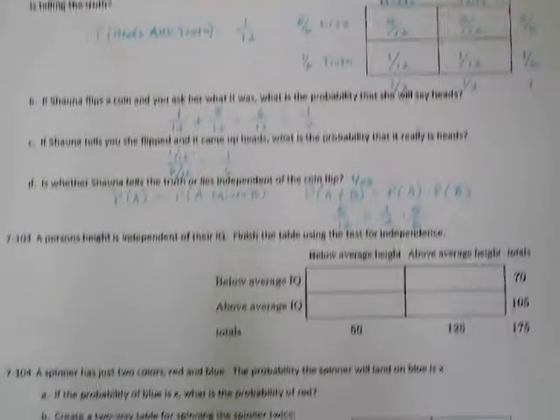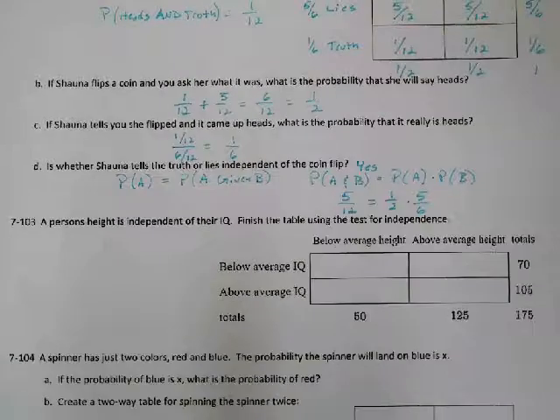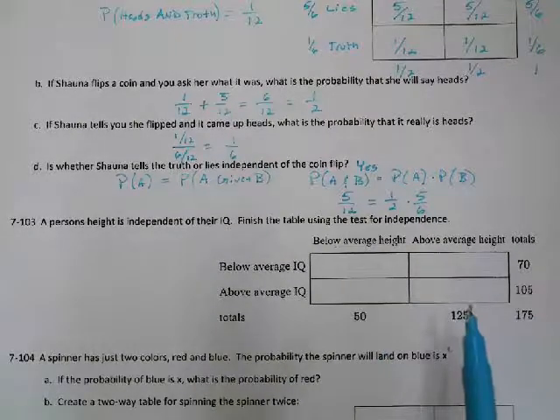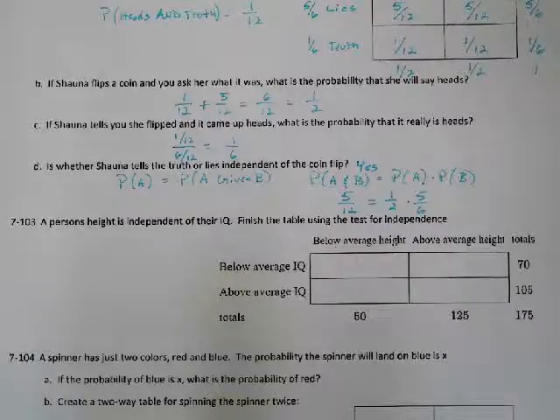Next one, a person's height is independent of their IQ. So how tall you are doesn't change how smart you are. So we're supposed to know that and finish the table knowing that there's a test for independence. So if this is independent, it should pass the test of independence.